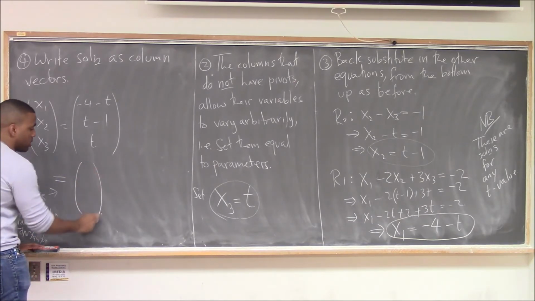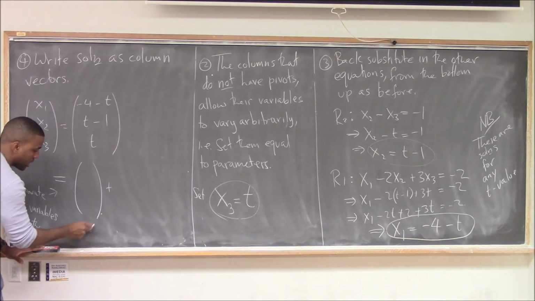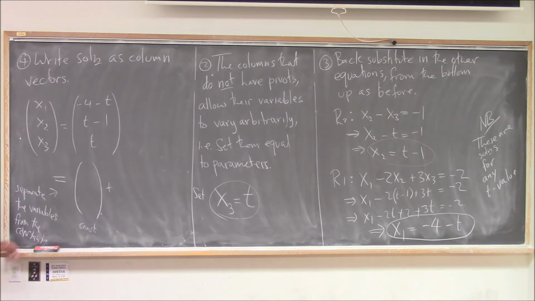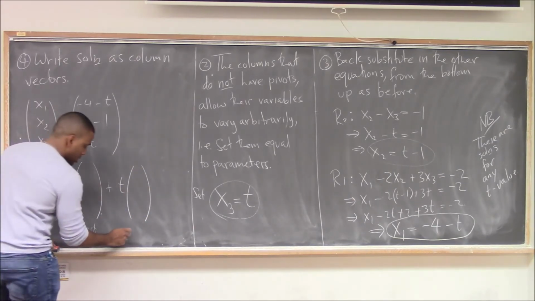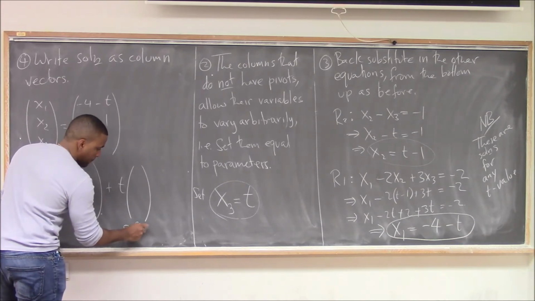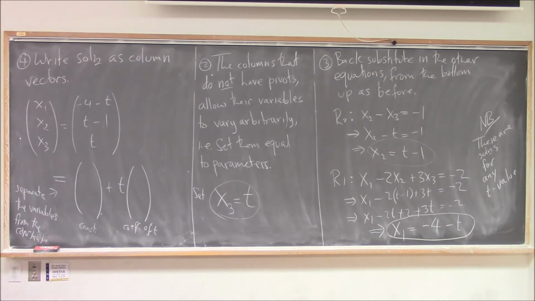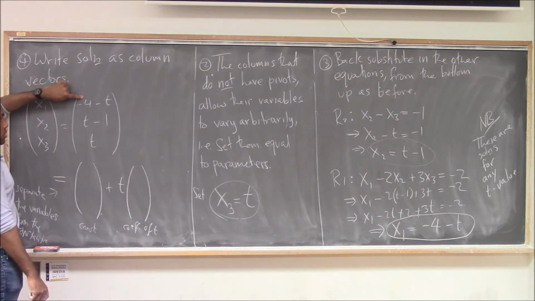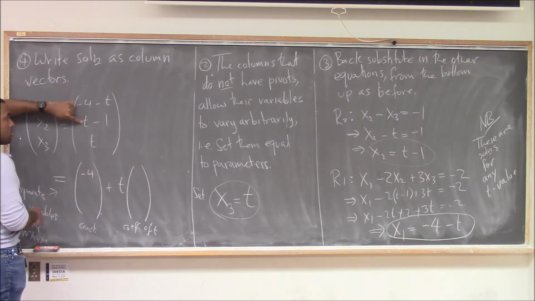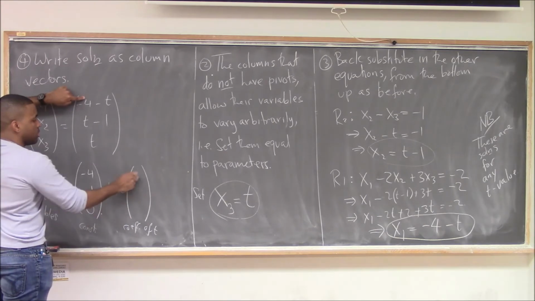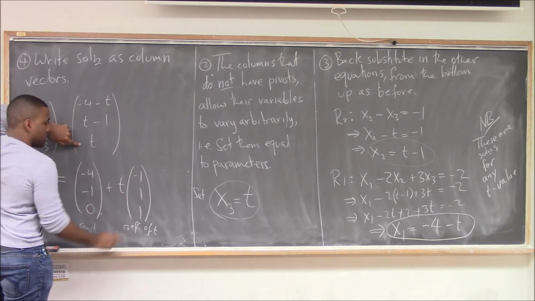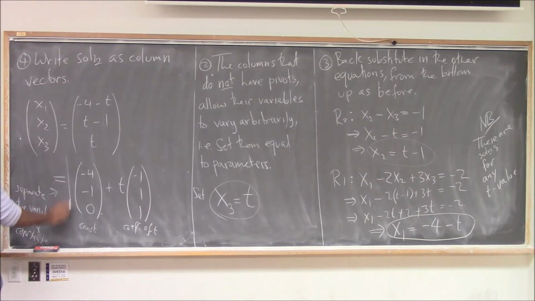I can put one vector where I throw in all my constants, all the numbers that are not multiplied by t, and every coefficient that is multiplied by t, I throw into the other vector, the coefficients of t. So I split them up, things that have t and things that don't. The things that don't have t are minus 4, minus 1, 0. The things that have t are minus 1, 1, 1. That is how we would write the solution.